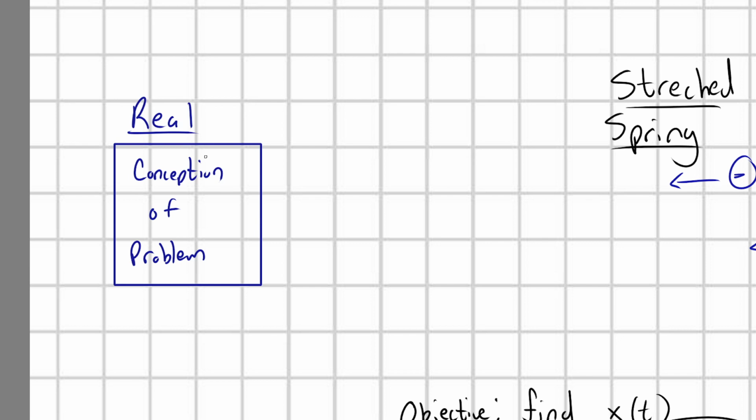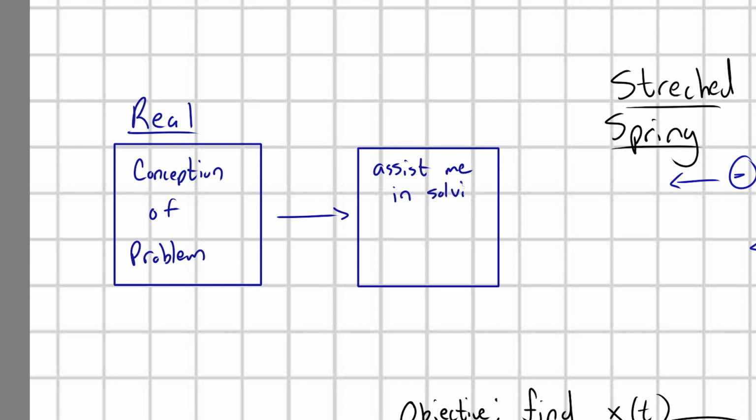That my block at every point in time is going to have a location that's simply defined by a real number. Now, in order to assist me in solving the differential equation, I allowed the possibility that I could get imaginary solutions.